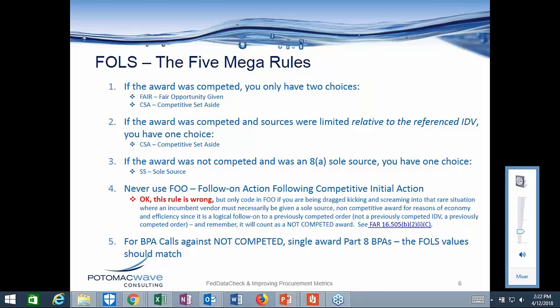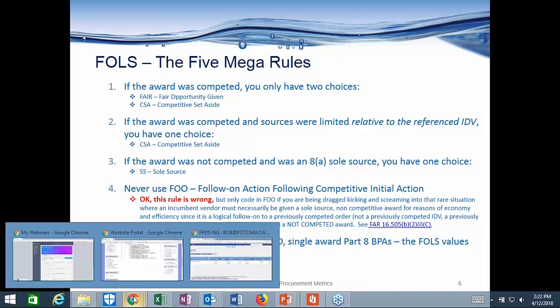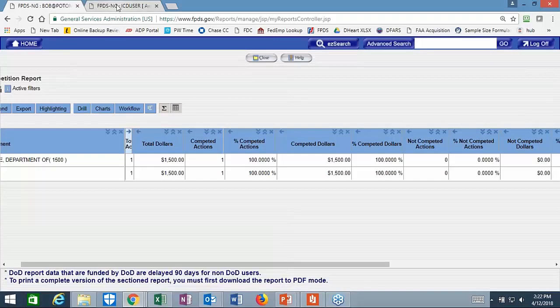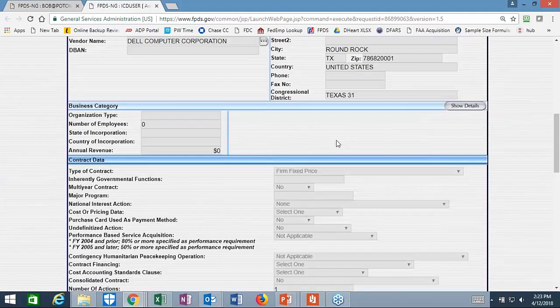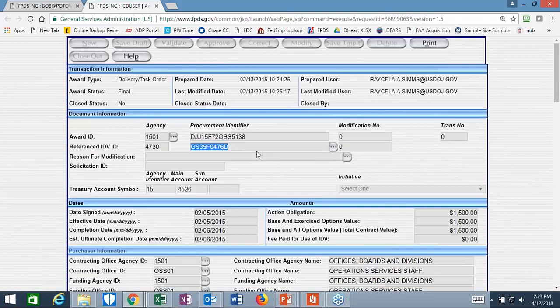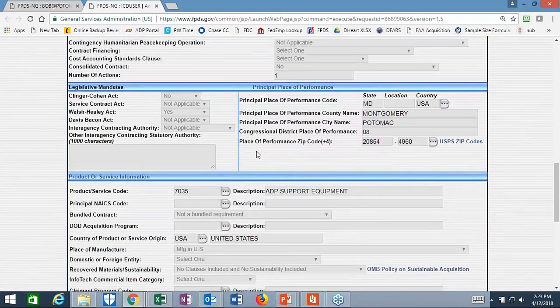I think I might be asking the same thing as what you were saying. If the contract is written against the GSA contract, right? In your previous slide, you just had the FPDS-NG record up. If the IDV that it's referencing was subject to fair opportunity, then it should be competition.